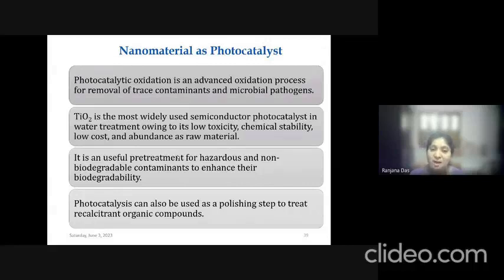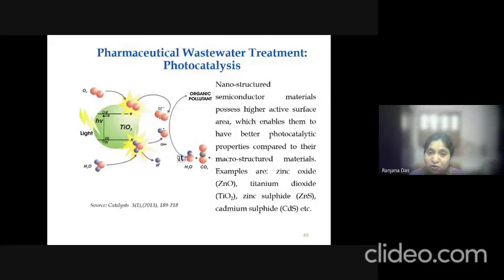Then this type of photocatalyst plays the role. This is the basic principle of the photocatalyst. The same principle is over there. Our main objective is producing active oxygen radicals, which will cause the organic pollutant molecules to degrade, that is mineralization, producing carbon dioxide and water.